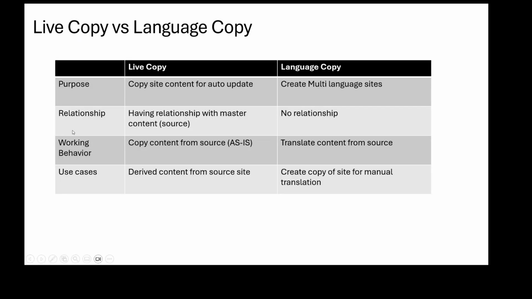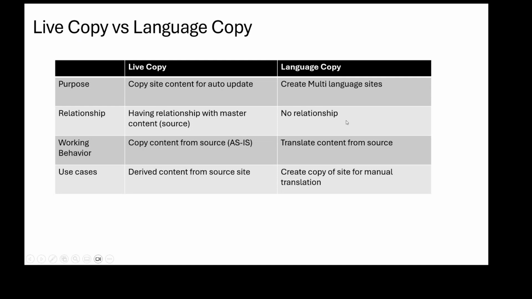Let's talk about the side-by-side difference between the live and the language copy. The purpose of utilizing the live copy is whenever we want to create similar content and make sure it is auto updating. Language copy is just creating a different language underneath your website. Live copy has a relationship with the blueprint or master hierarchy.